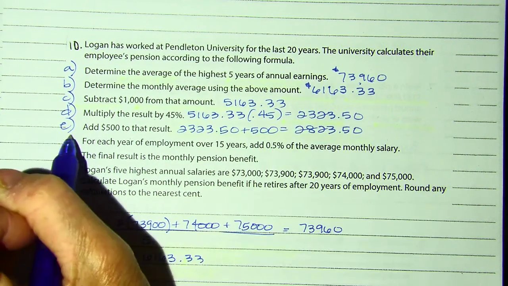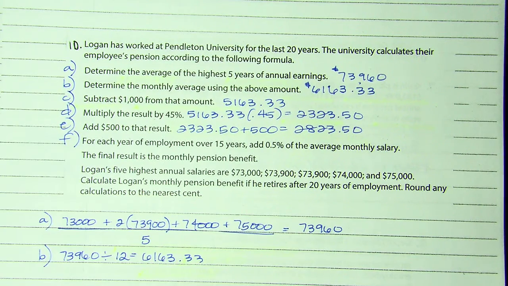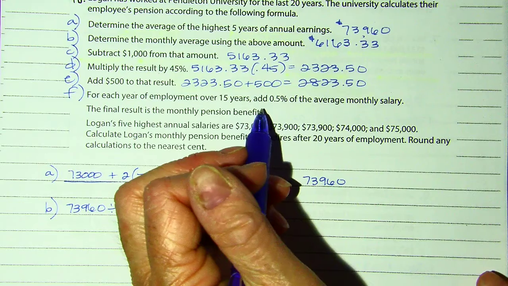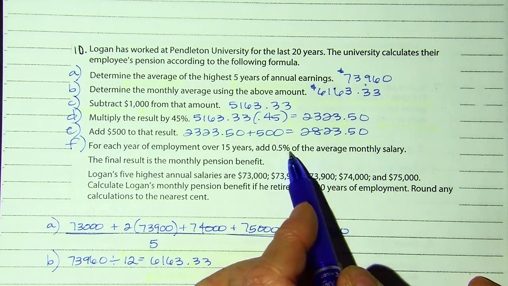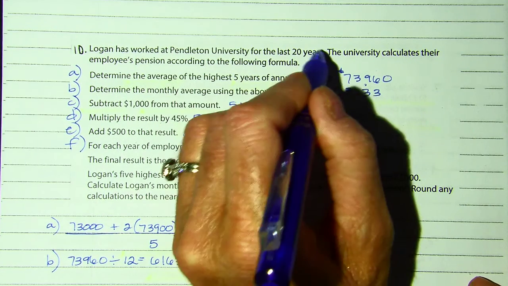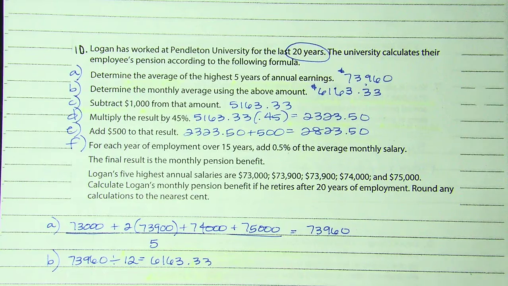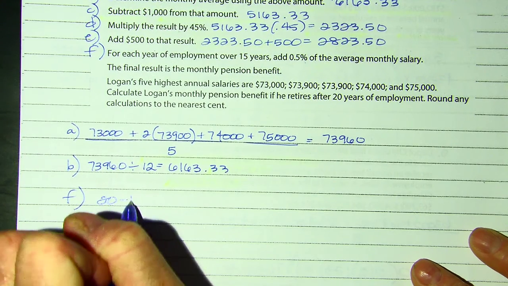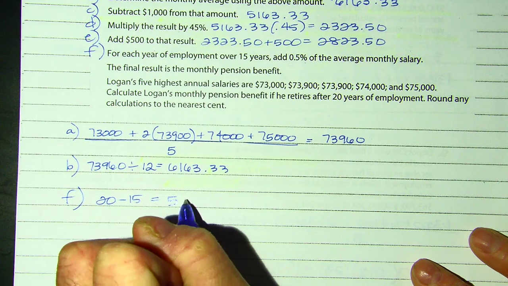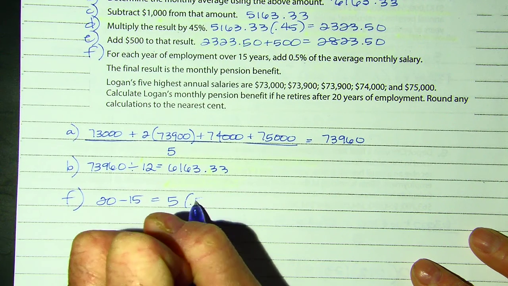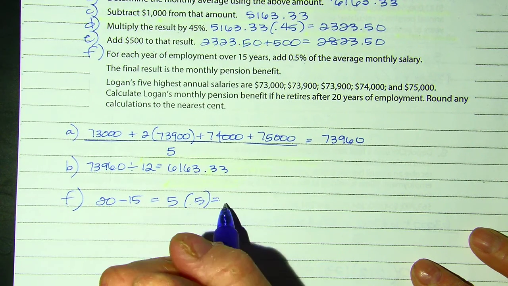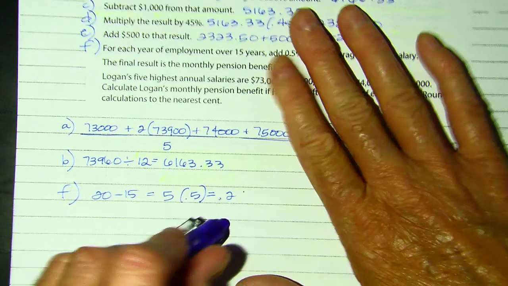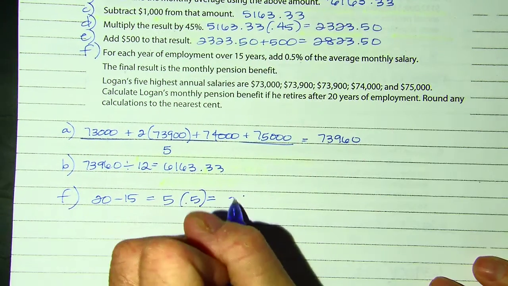Part E, add 500, so $2,323.50 plus 500, and I got $2,823.50. F, for each year of employment over 15 years, add 0.5% of the average monthly salary. So they've worked 20 years. So this is part F. So 20 minus 15, they've worked 5 years. So 5 times 0.5 is 2.5%.